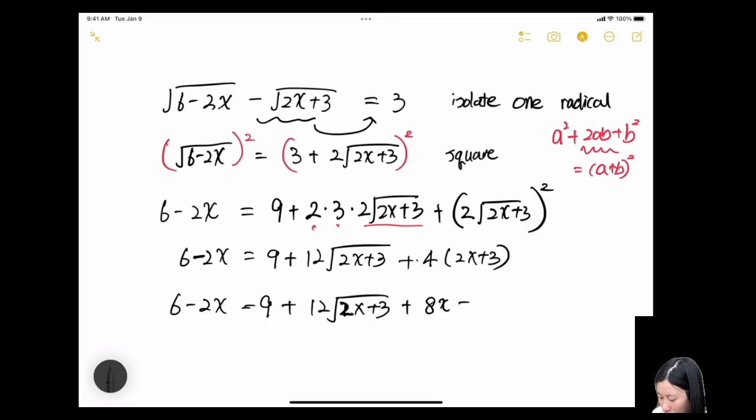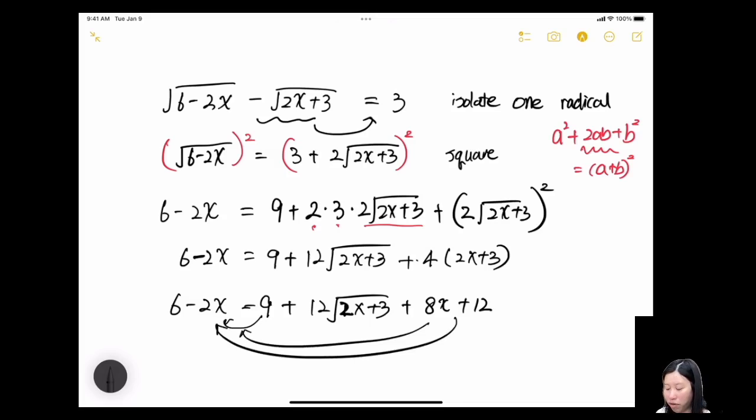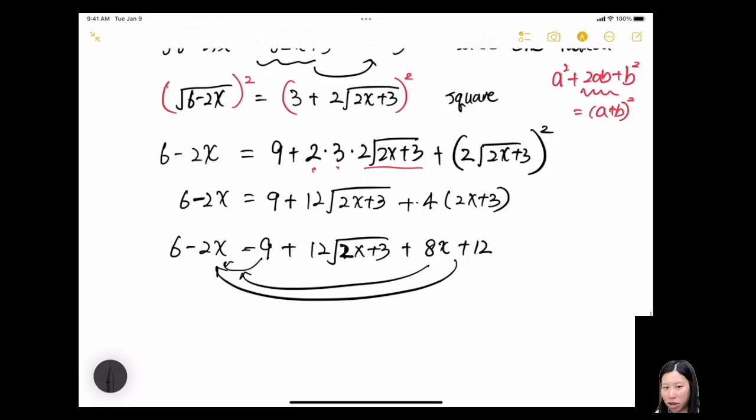Move these things to the left side by subtracting them. So I have 6 minus 9, which is negative 3, minus 3, negative 6, negative 2x minus 2x, which is negative 4x, equals 6 times the square root of 2x plus 3.